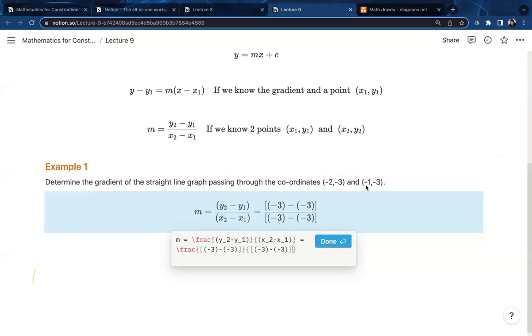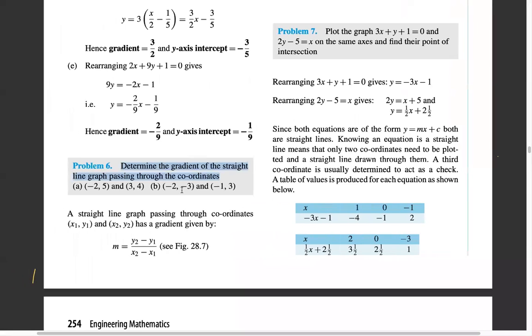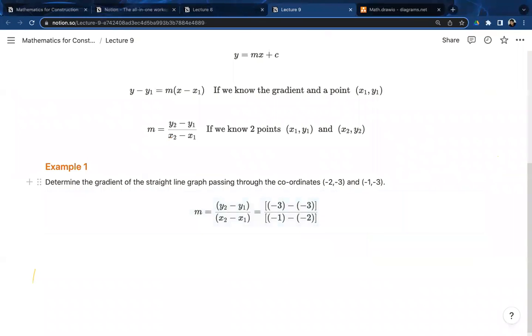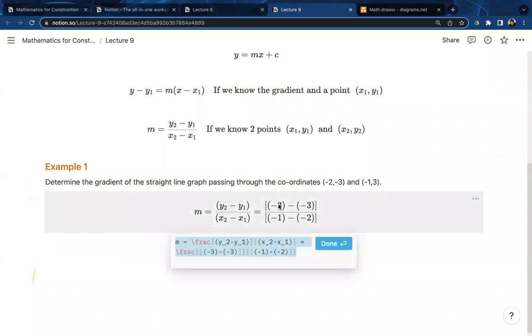This is x2 here, -1, minus x1, which is -2. Sorry, this is -1, 3. Right, so -1, 3. So I made a mistake there. So this is x1, y1, x2, y2. So this -3 here that's just +3, right?